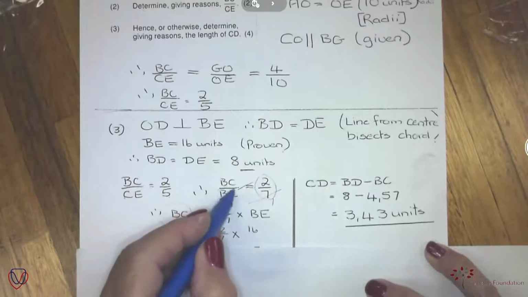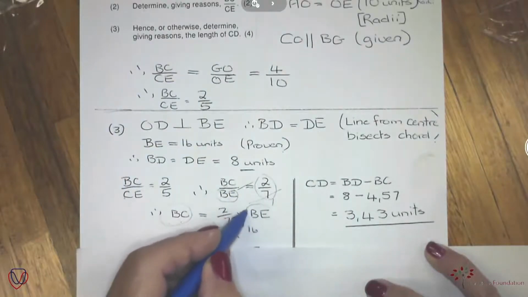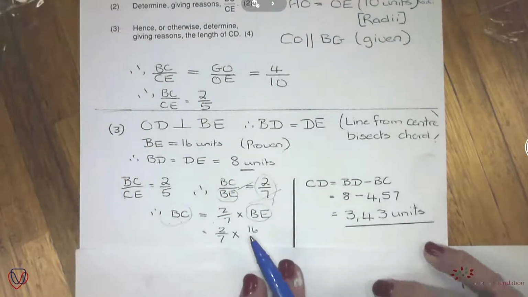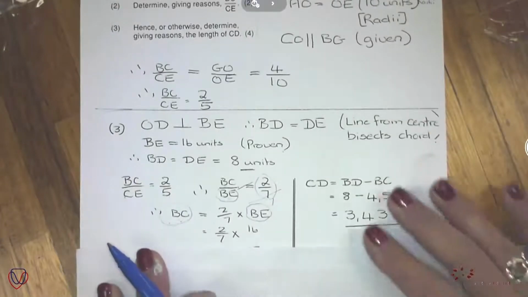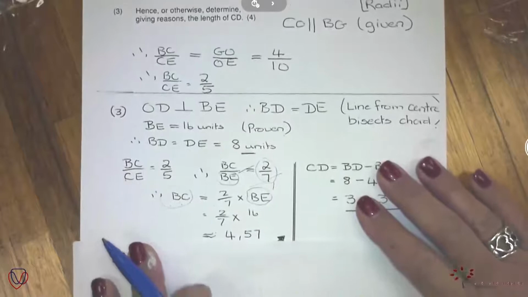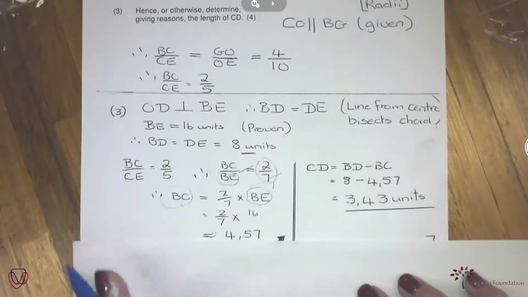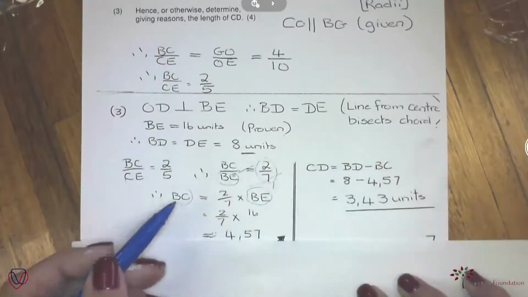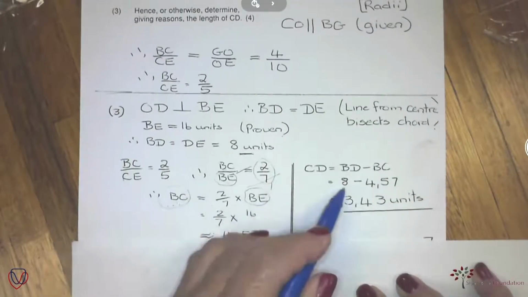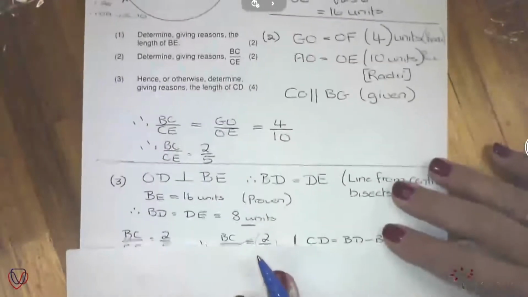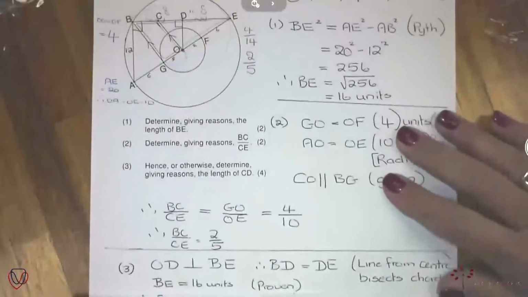I do have BE. It is 16. So now it's 2 over 7 times 16, and I got 4,57. And then to find CD, I must take BC, and I must subtract it from the 8 that I got there, when they gave us the length of BE.